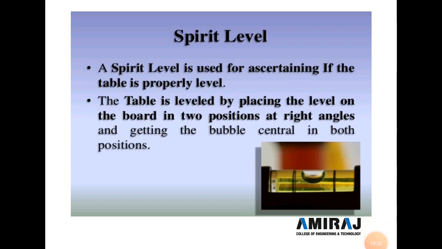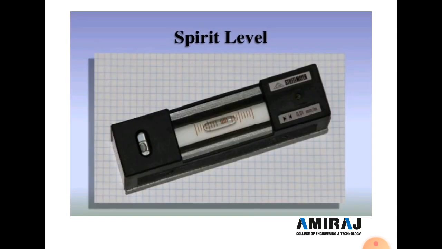Next is a spirit level. All of you are aware of the spirit level. So what is a spirit level? The spirit level is used to ascertain if the table is properly leveled or not, clear. So this type of spirit level is generally used to check whether your table is level or not.